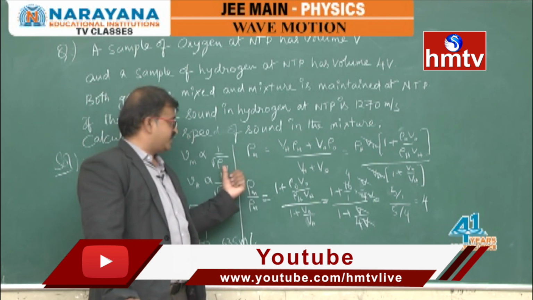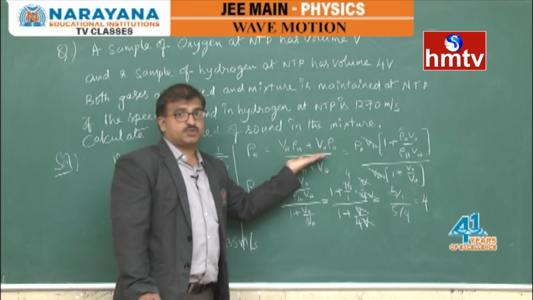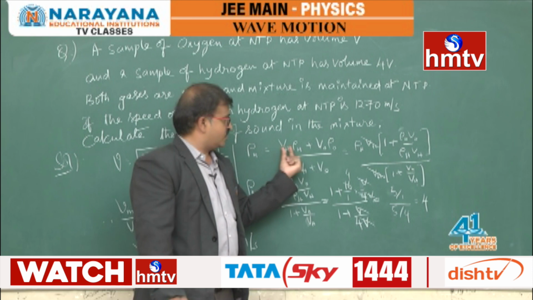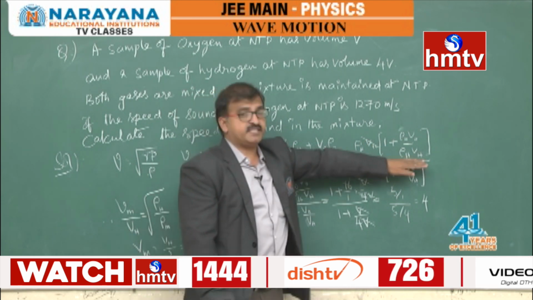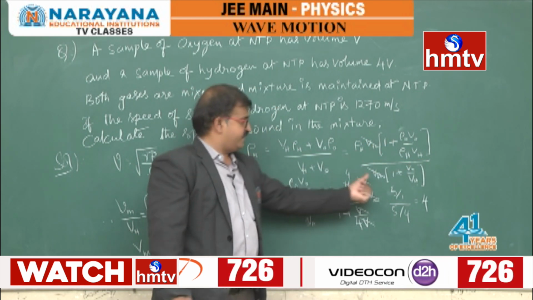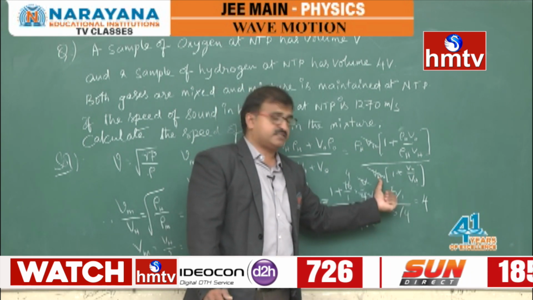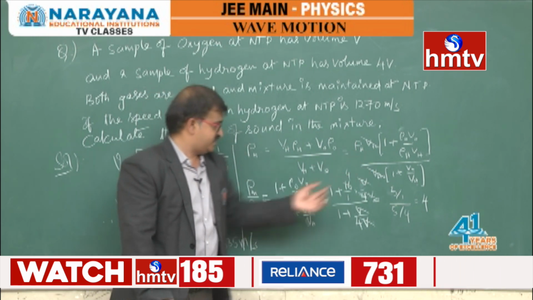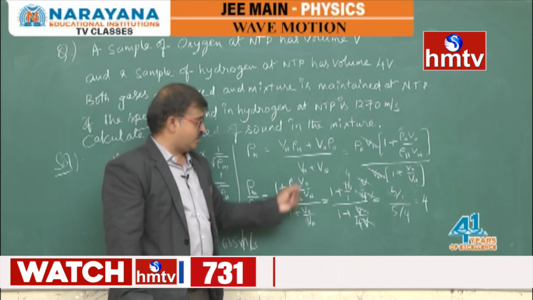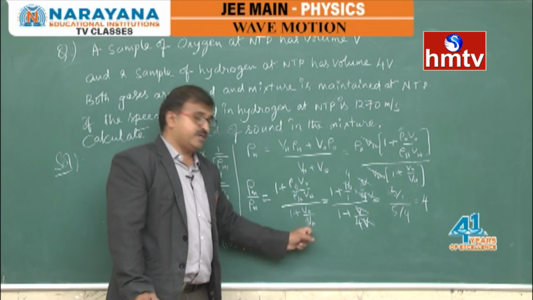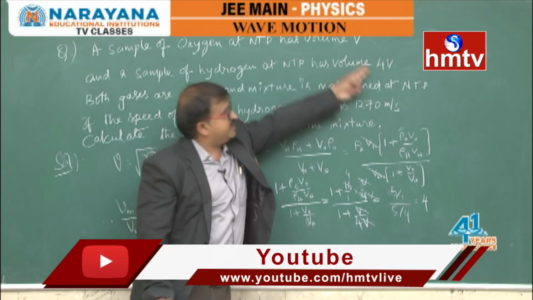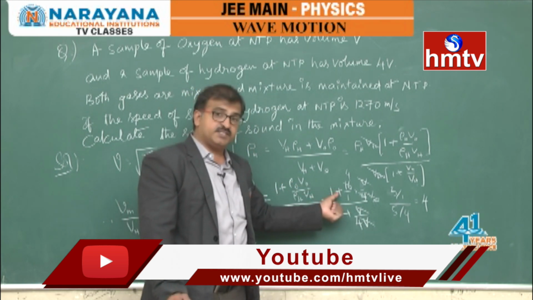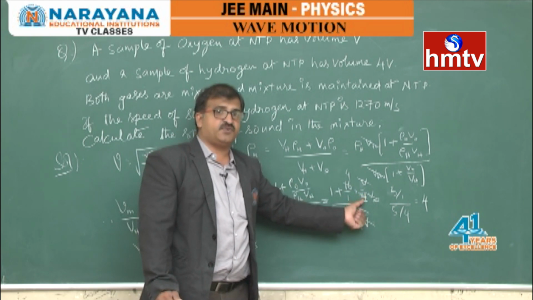So here first of all the density of the mixture is to be calculated, taken as total mass by total volume. In the total mass, we took rho h VH out of it. So here this is the expression, and in the denominator VH is common, VH cancels. So rho of the mixture by rho of H will be equal to this much. We know that it is 1 plus rho naught V naught by rho h VH, divided by 1 plus V naught by VH. V naught by VH value is V by 4V, so it is 1 by 4. Substituting these values, the density ratio is 16 times and it is 4 you can take.